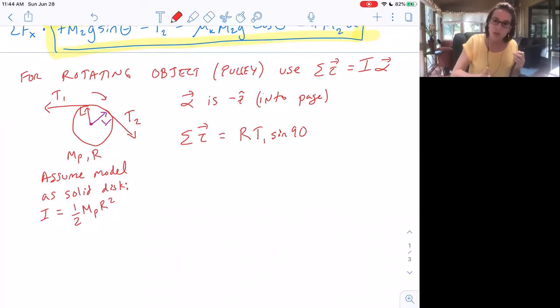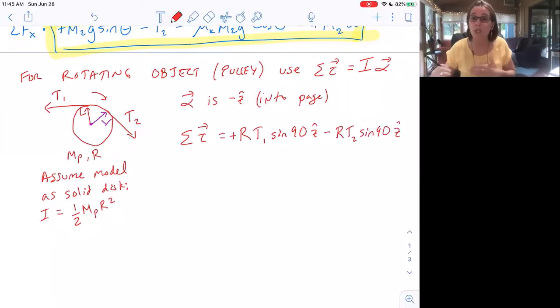For this one, I can see that it's out of the page, so that's going to be plus, and so that'll be plus z hat. And then minus, because if we look at the T2 torque, I'm going to have R cross T2. It will be into the page, so there'll be minus R T2 sine of 90 z hat, because it's an opposing torque. And it's actually in the direction of our angular acceleration, even though it's negative, but that's okay.